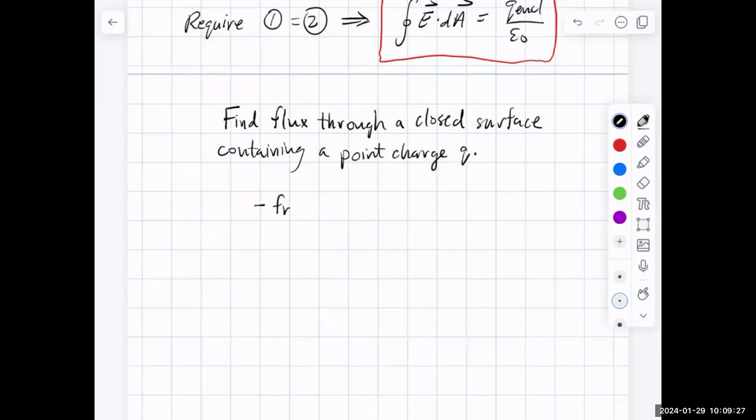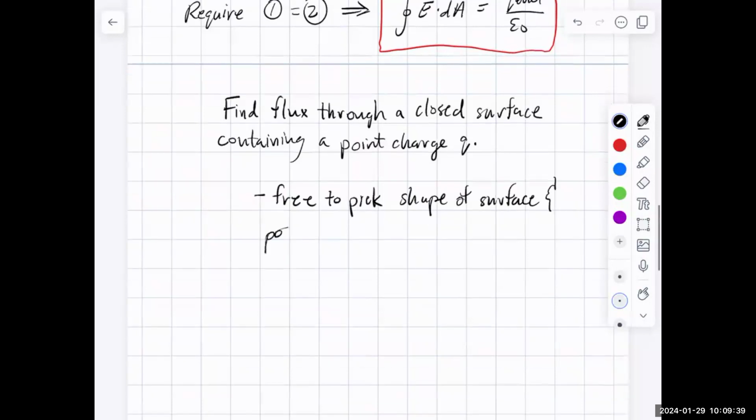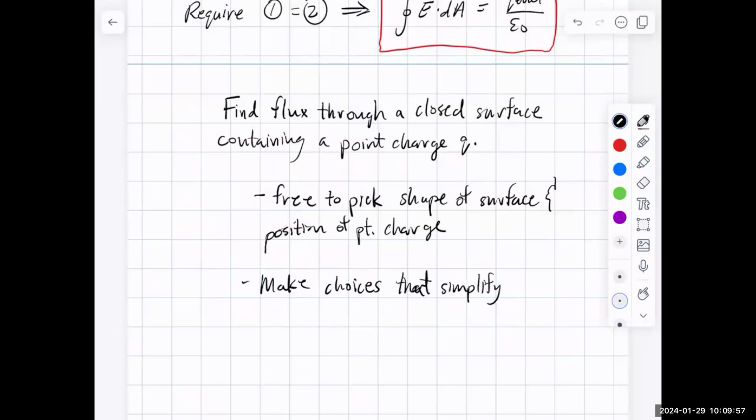So first, we just note that we're free to pick the shape of the surface and the position of our point charge. And so we're going to make good choices, choices that simplify the calculation.